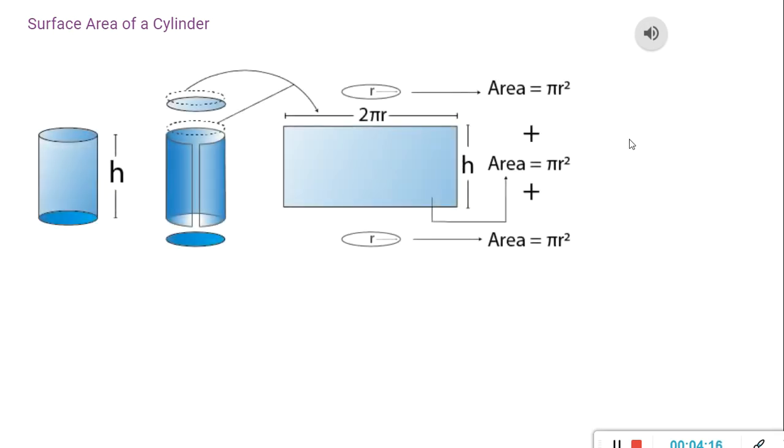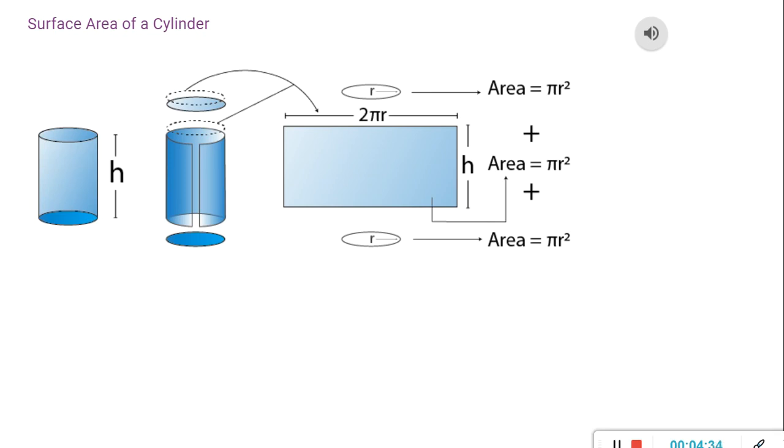So let's see our next point. That is surface area of a cylinder. Here we know that a cylinder has up and down faces as circles, right? If we open the cylinder, what shape will we get? We will get a rectangle, right?